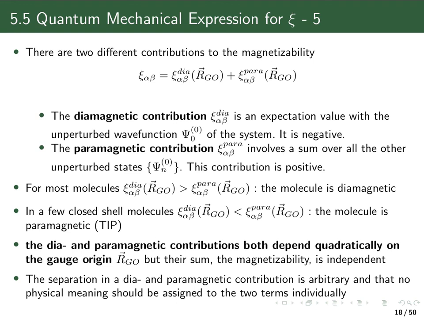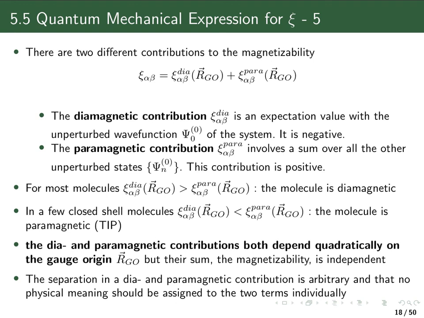Another point one should discuss is that both the diamagnetic contribution and the paramagnetic contribution to the magnetizability depend on the gauge origin. Actually, they are both quadratically dependent on the gauge origin, which is discussed in later parts of the book. The sum of the two terms, however, can be shown to be independent of this gauge origin.